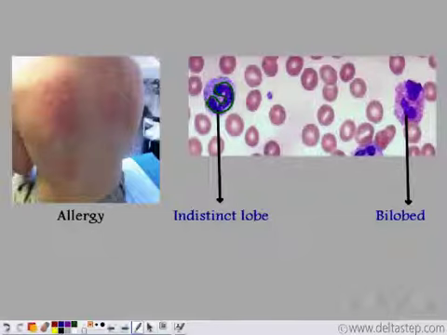The nucleus is not lobed properly. Now look at this white blood cell. See, its nucleus is bilobed. One lobe, and this is the second lobe. So there are different kinds of white blood cells present in the body.